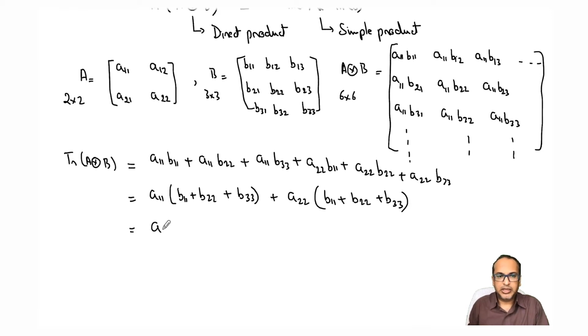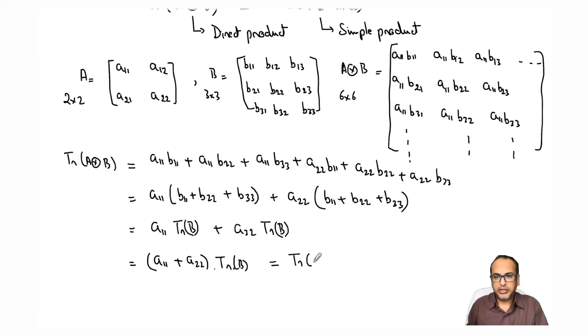This is nothing but the trace of B, and this is nothing but the trace of B, right? And if I take the trace of B common, I get A11 plus A22 times the trace of B, and A11 plus A22 is the trace of A, so trace of A into trace of B.